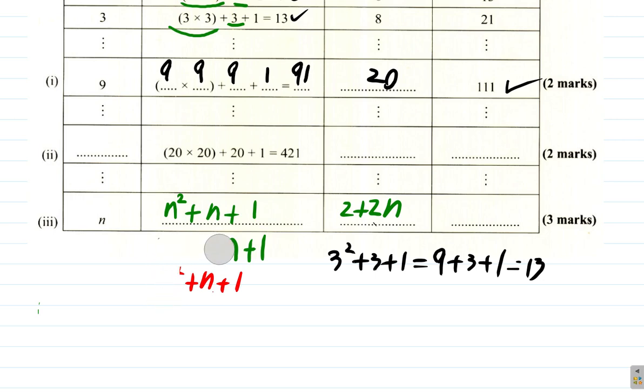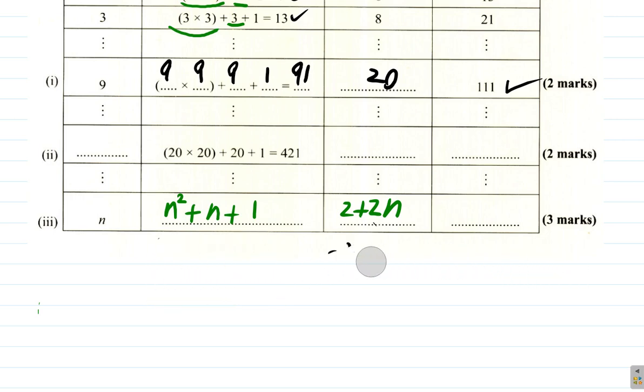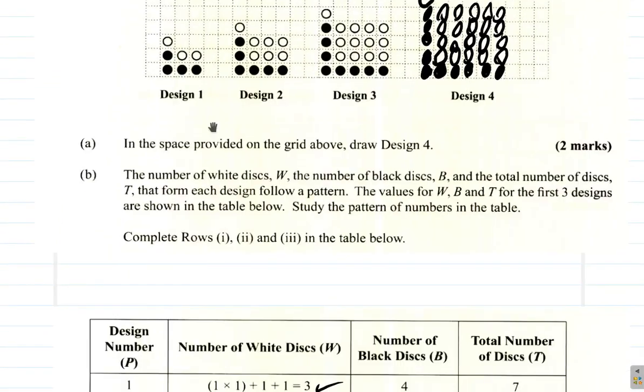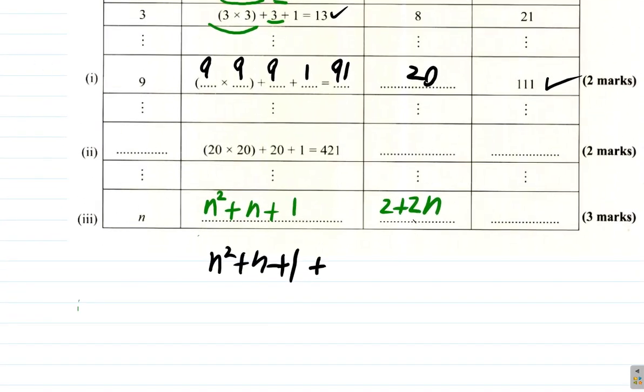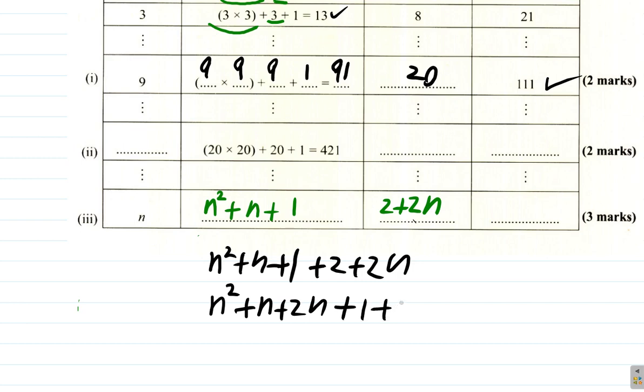Erase some part of the working. Now the total should be n squared plus n plus 1, which is the number of white discs, plus the total number of black discs, which is going to be plus 2n. Let us put like terms together: n squared plus n plus 2n, so we have n's together, and now numbers together, plus 1 plus 2.